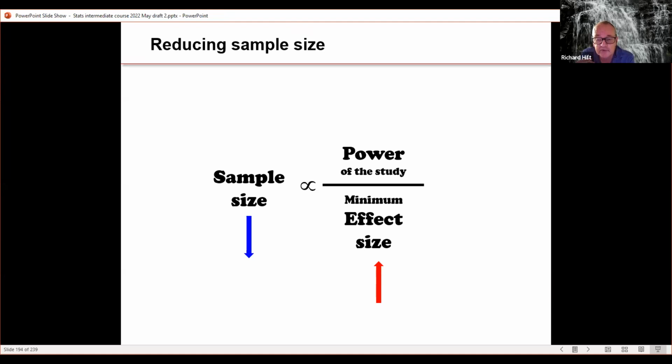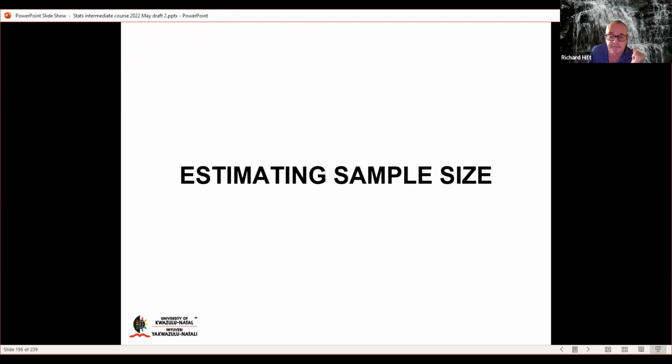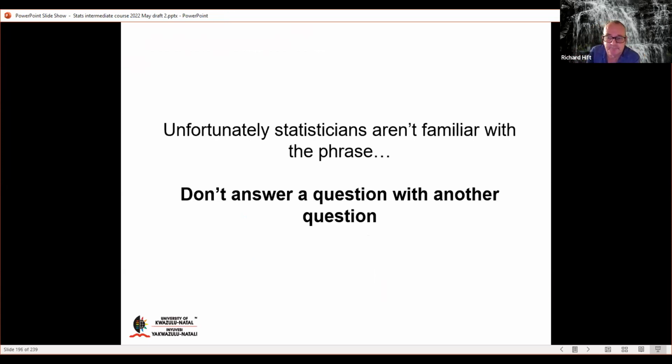And you can't calculate anything without knowing at least 2 of those 3. So this concept of effect size is as important as power and sample size. So how then do we estimate sample size?